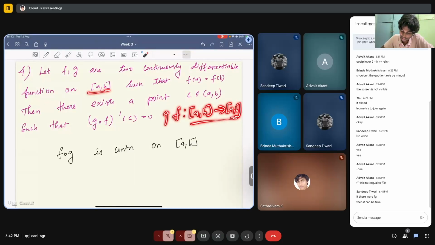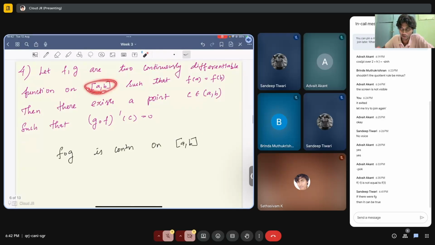Otherwise the composition does not make sense, because if g also has this as a domain, unless f goes to here, it doesn't make much sense. This domain really doesn't matter. What you actually have to see is the composition has to make sense. So we assume that these functions are defined in such a way that the composition makes sense.